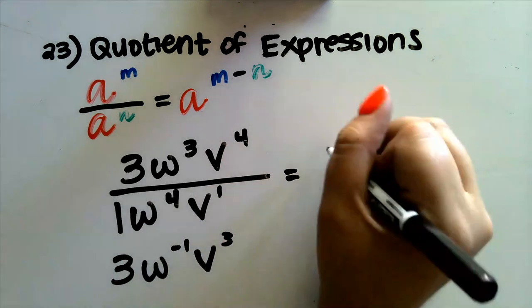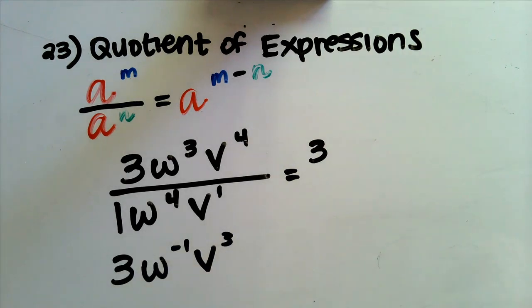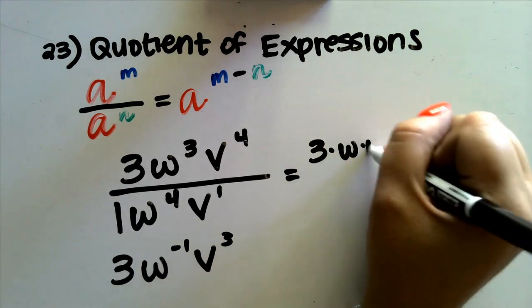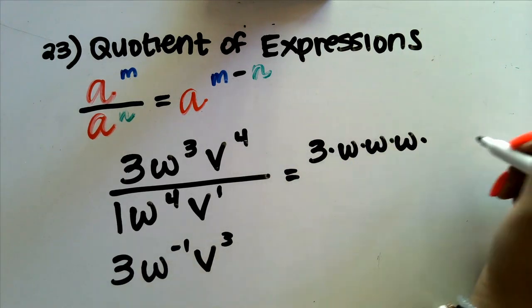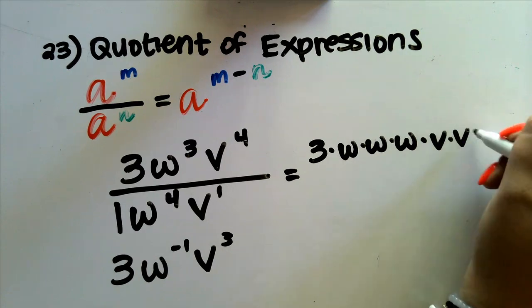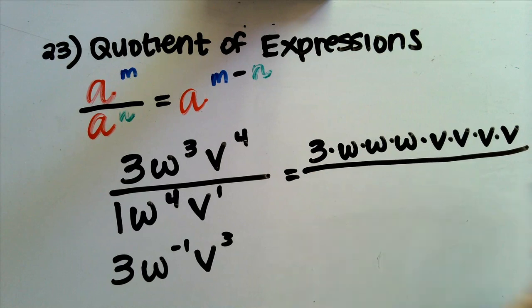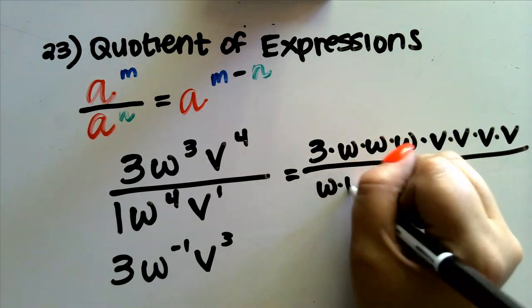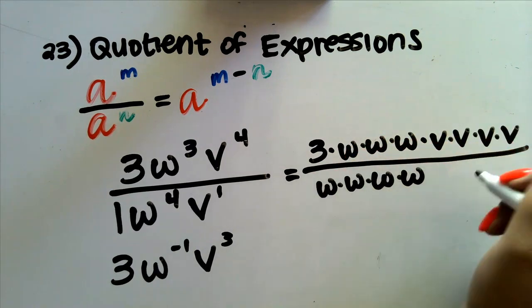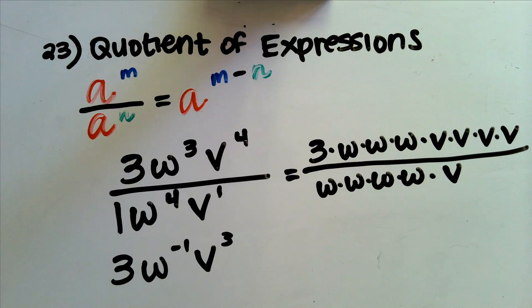But let's just prove this to ourselves by writing everything out. 3 times 3 w's and times 4 v's, all over 4 w's and a single v. Again, remember, our job is to cross out those whole values.